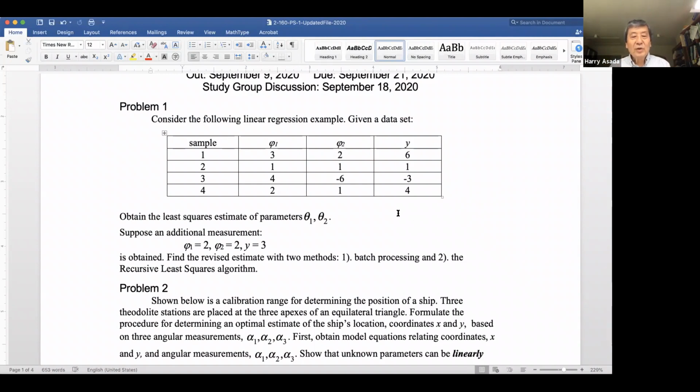The first question is, given these 4 sample points, regressors and 3, 2, and the output y is 6, 4 data points, obtain the least squares estimate of the parameters theta 1 and theta 2 associated with phi1 and phi2. You can find this. That is not a difficult problem, because with m equal to 2 it's low dimensional.